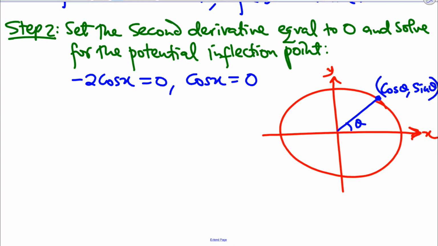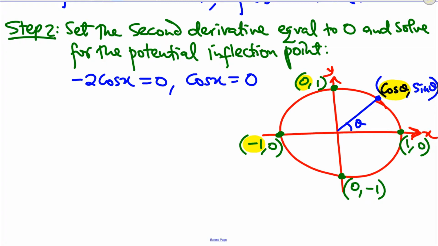The coordinates of this point will be 1, 0. This one, it's a unit circle, so 0, 1. This will be negative 1, 0. And the coordinate of this point will be 0, negative 1. So we can relate a few things here, because these are the values of cos theta.